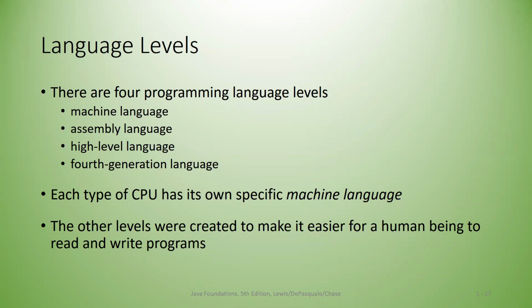Therefore, the arrangement and meanings of those zeros and ones are different. On one computer CPU, this means something, maybe 1. On another computer, this means 1. So that's why we say each type of CPU has its own specific machine language.